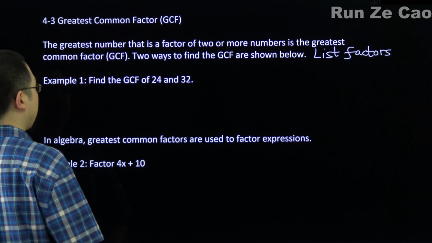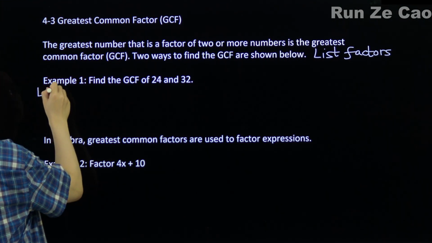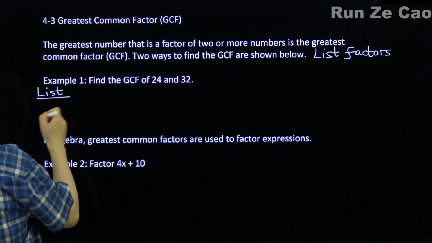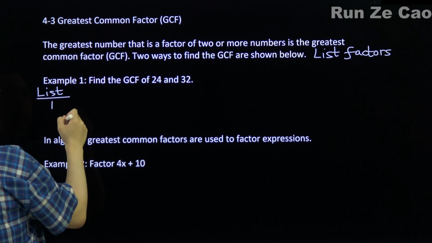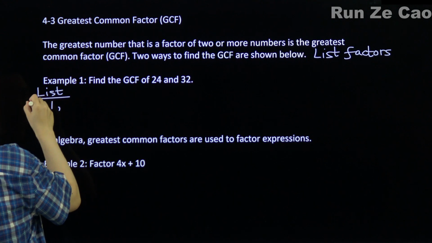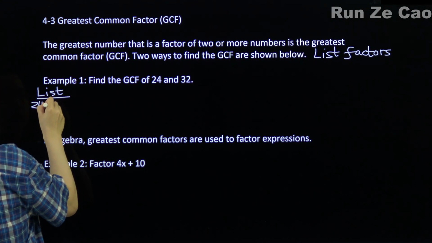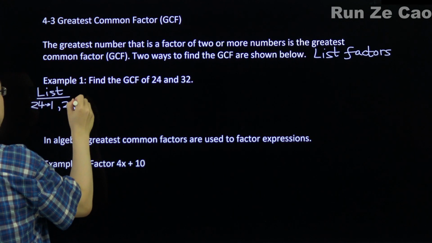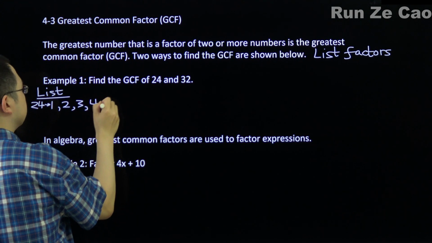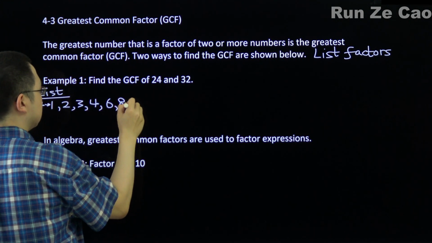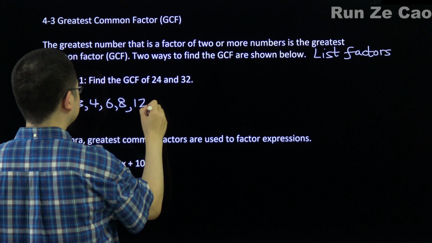What happens if you list factors? For 24, we get 1, 2, 3, 4, 6, 8, 12, 24.